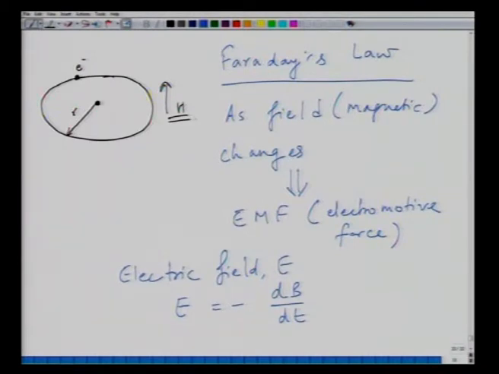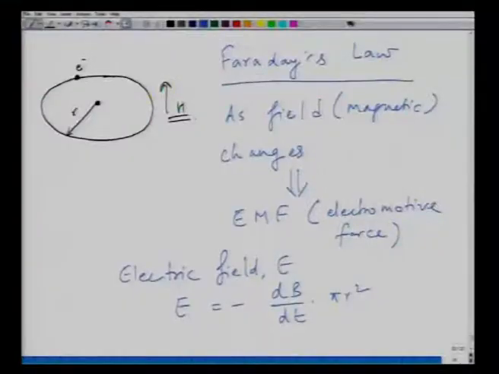So, here you multiply by the area, since we are talking about the magnetic flux, and since it is tangential, you need to multiply E by the circumference. So, E multiplied by 2 pi r is equal to minus dB by dt into pi r square. This is nothing but Faraday's law, and this gives you E equal to minus r by 2 into dB by dt. So, this is the expression that you get for the electric field.